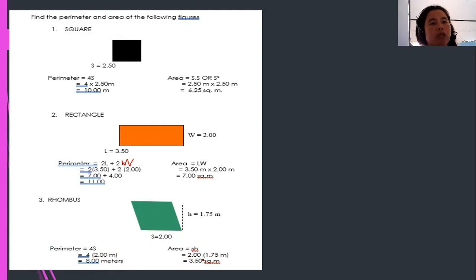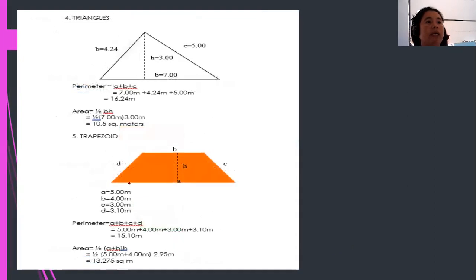So multiply 2 times 1.75 meters, and the answer is 3.5 square meters. Okay, next, triangles. In triangles, we have the base, the height, and the sides.